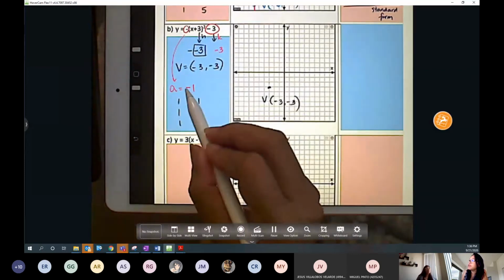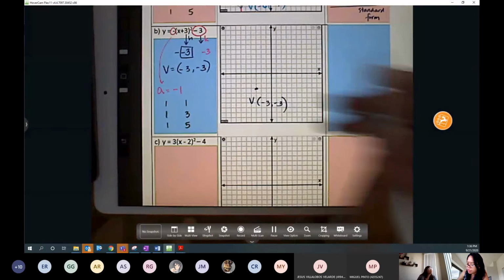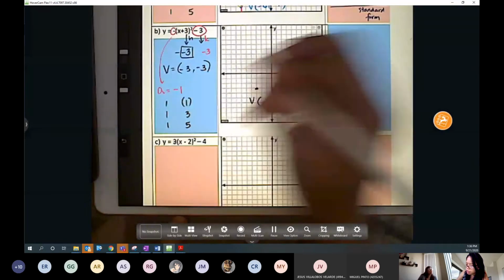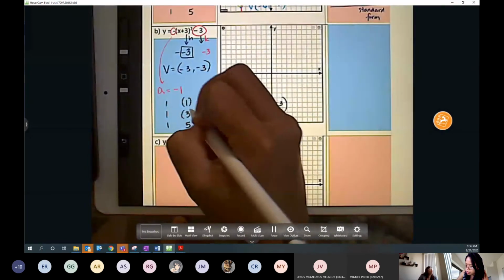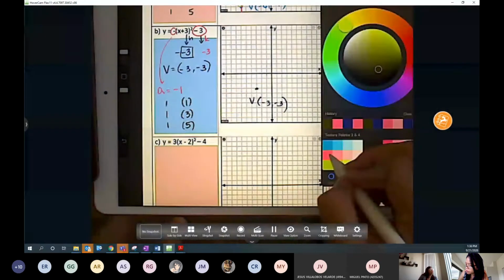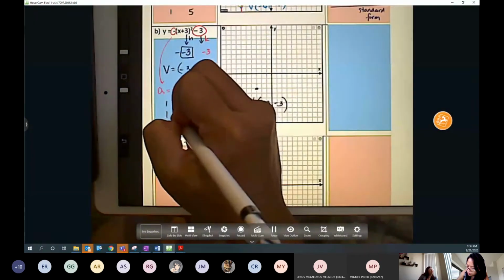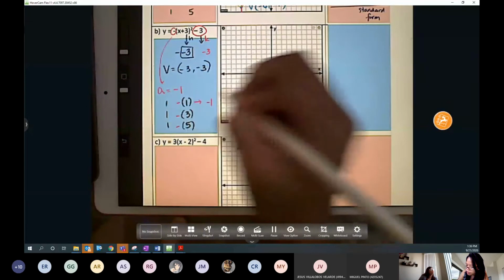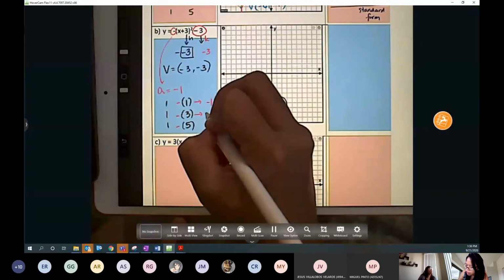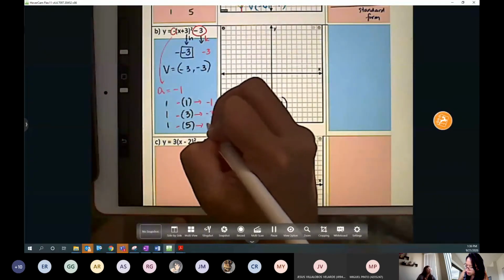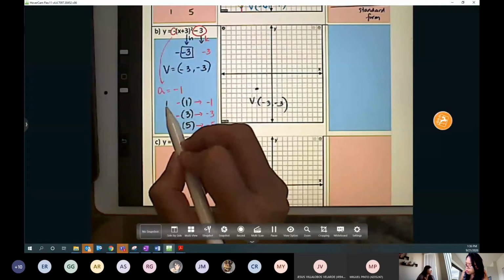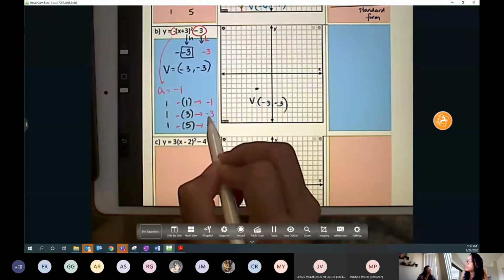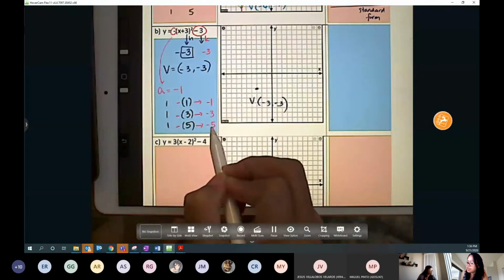Since we have a -1, then we're going to multiply everything by a negative. So negative, negative, negative. So our movement would be down 1, down 3, and down 5. So 1 to the side, down 1. 1 to the side, 3 down. 1 to the side, 5 down.